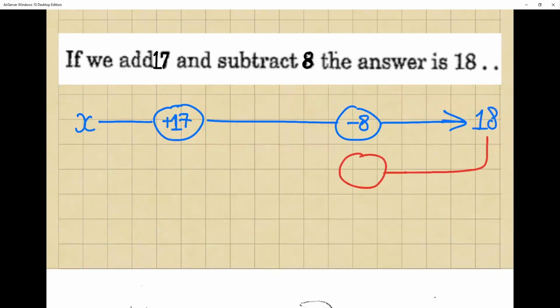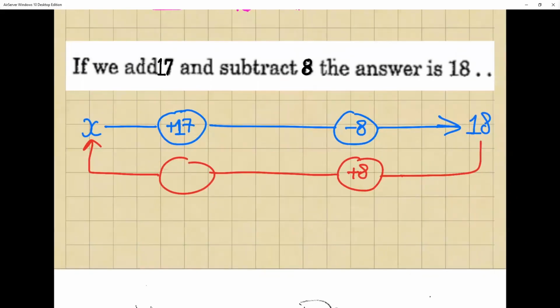Okay, now what do we do to work out the original X? We have to first subtract 8 to add 8 and then do add 17 to subtract 17. Lovely. So what's 18 add 8? 26.